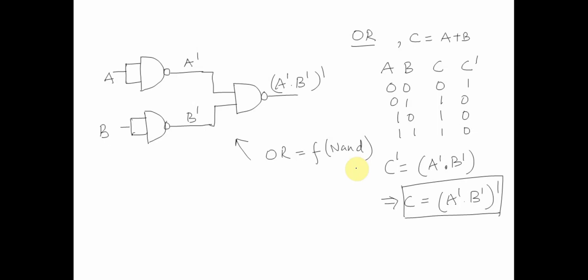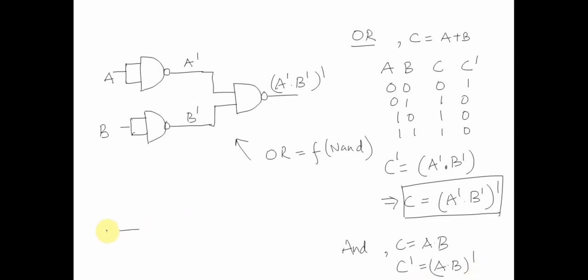Correct? Now similarly, if we have to realize an AND gate using a NAND gate, that would be pretty simple, because my normal AND operation is C is equal to A dot B, and my C bar would be A dot B whole bar. So what I can do is have two back-to-back NAND gates to realize this A and B operation.